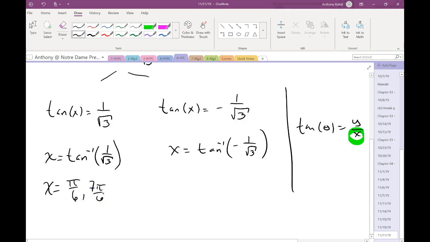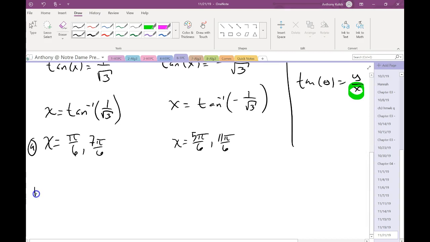And tangent's negative in the second and fourth quadrants. So that's 5 pi over 6 and 11 pi over 6. So this is going to be my answer for part A, those 4 values. Everybody good with that? Okay.